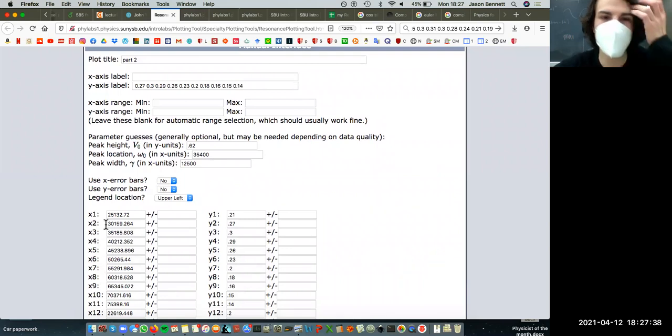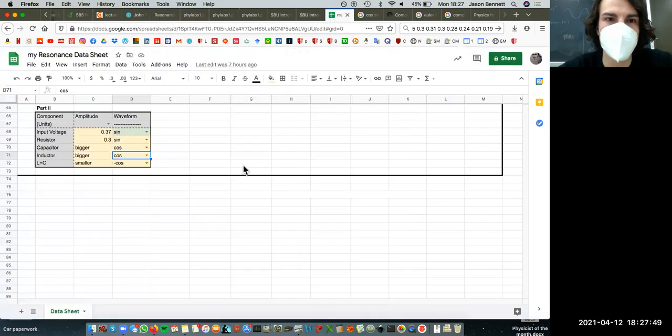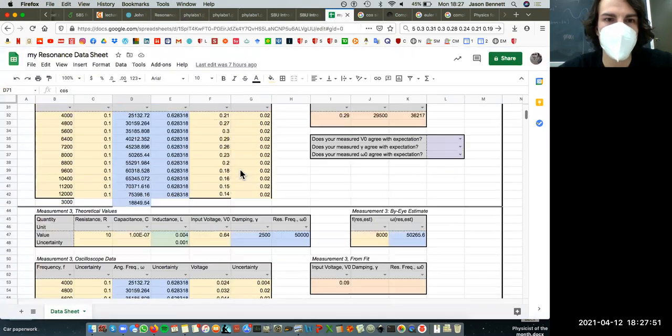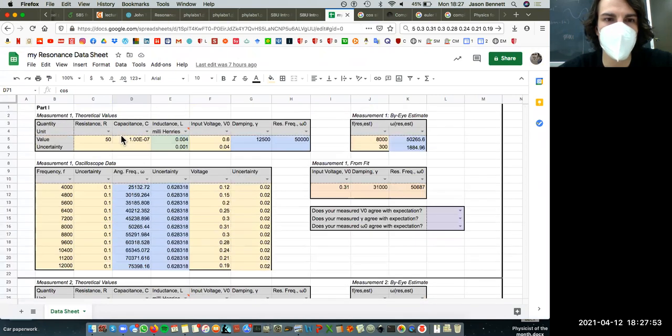So you use it in the sense that you feed it guesses. I'll show you over here in the lab rubric. What you end up doing is you find things theoretically. You think, okay, this is what things should be, and then you feed the system.